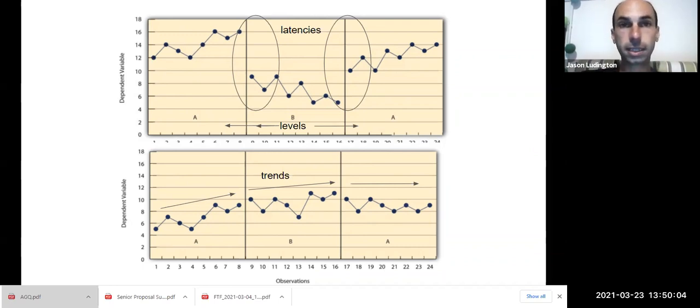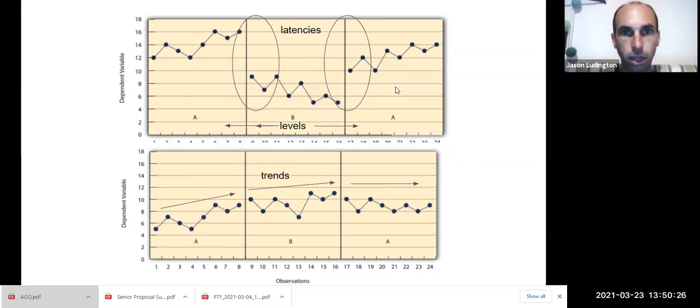Interrupted measurements because the conditions interrupt the repeating measurement or the change in conditions. Anyway, those are levels or conditions or panels, different words for the same thing.